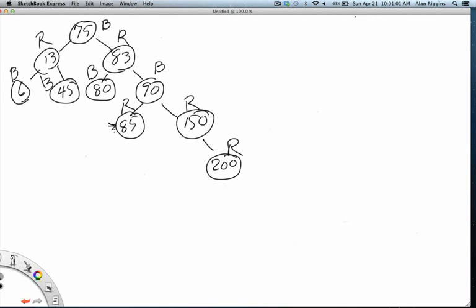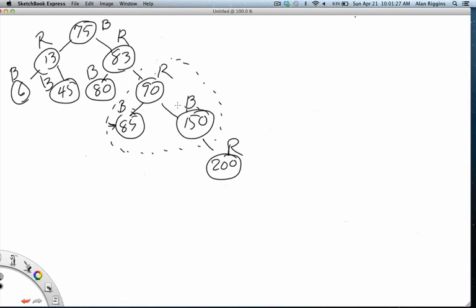So I toggle the grandparent, the parent, and the aunt. These nodes, I'm going to toggle the colors. The black I'm going to make red, the red I'm going to make black. So we have red, black, black.